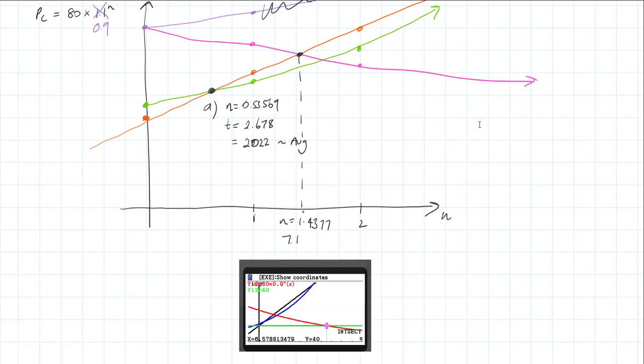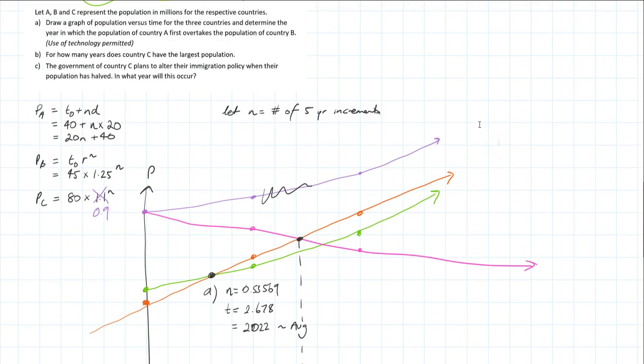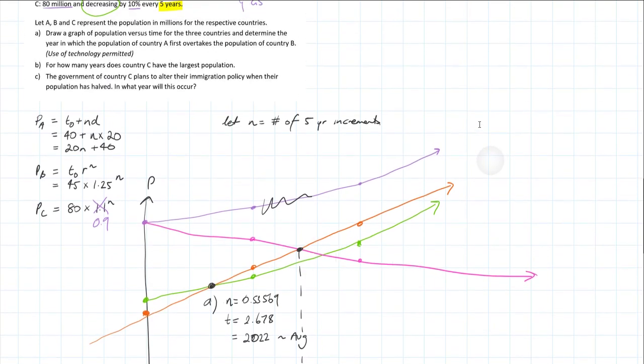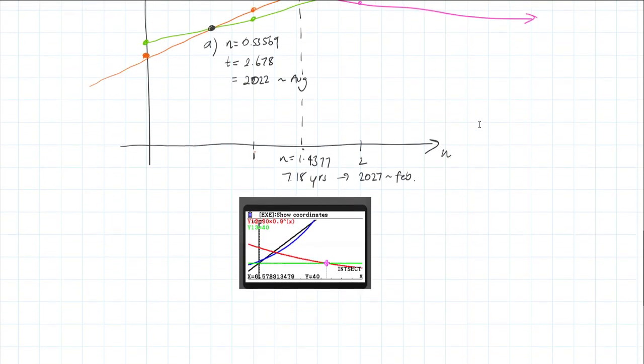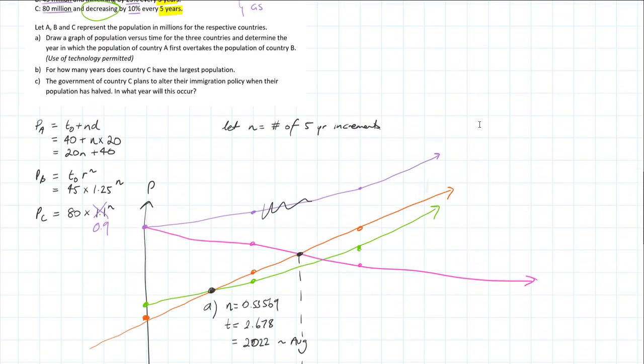So it's 7.18 years, which is going to be about 2027, and around about February, if we're going to that level of detail. Although I'll just check, yeah, for how many years. So you don't really need that February, and for how many years, that's actually the correct answer. So we're good there.